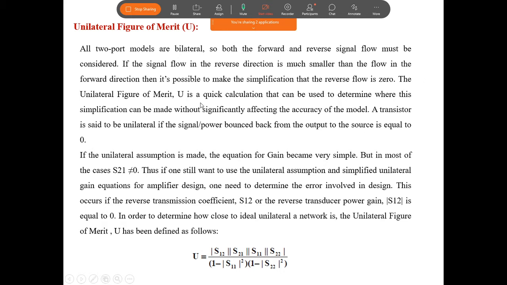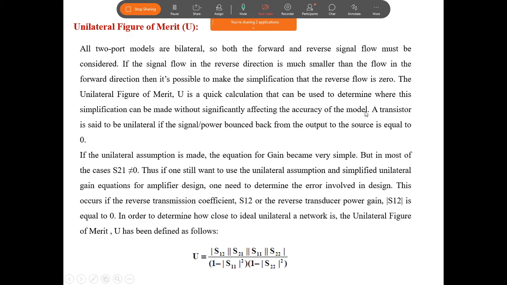The unilateral figure of merit U is a quick calculation that can be used to determine where this simplification can be made without significantly affecting the accuracy of the model.